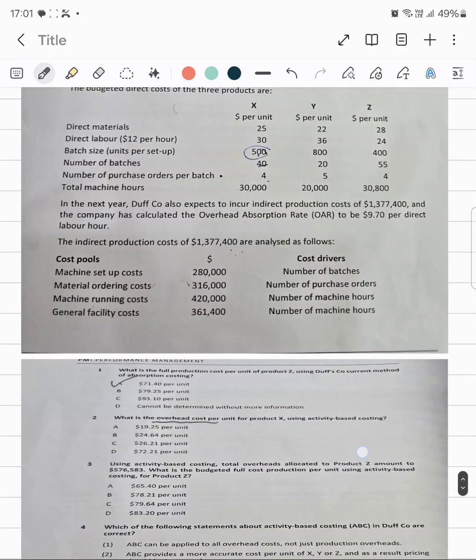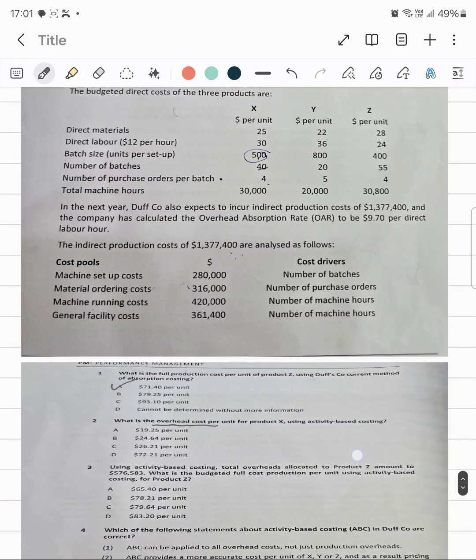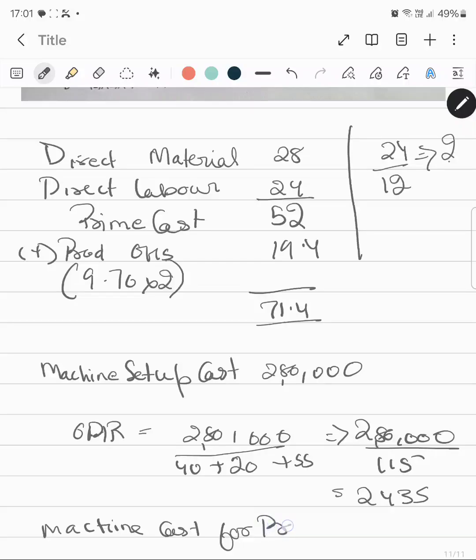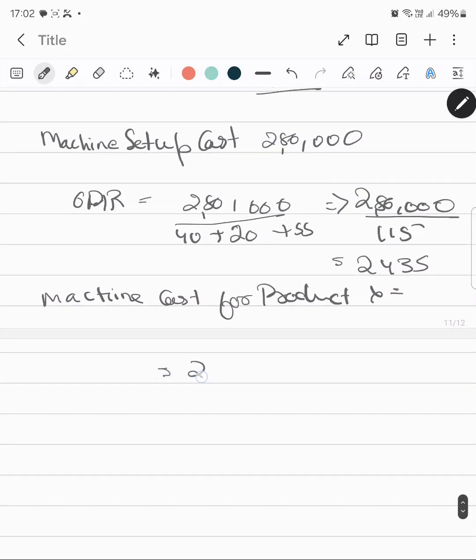So machine cost for product X is equal to 2.435 multiplied by 40, which is 97,391.